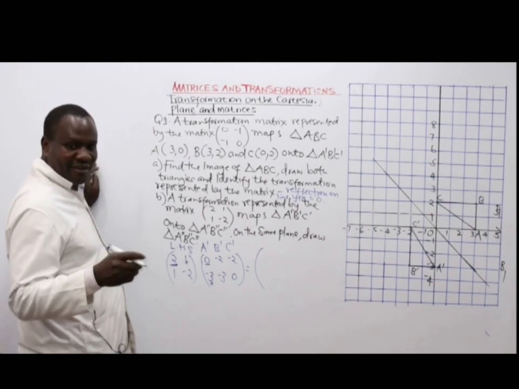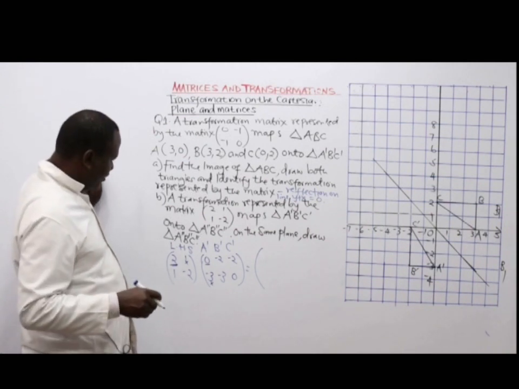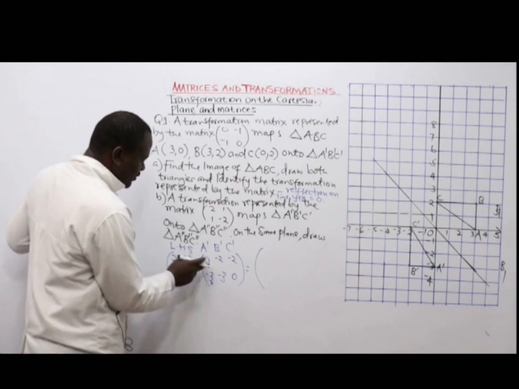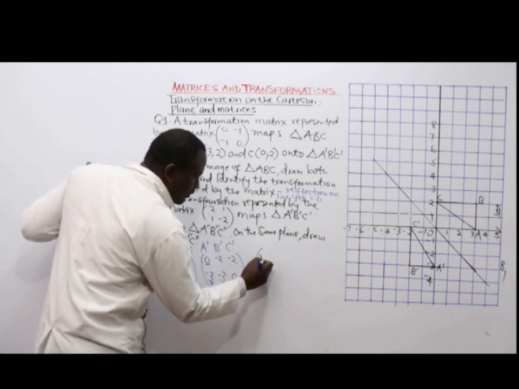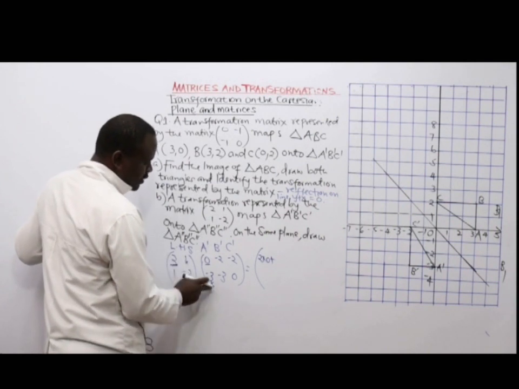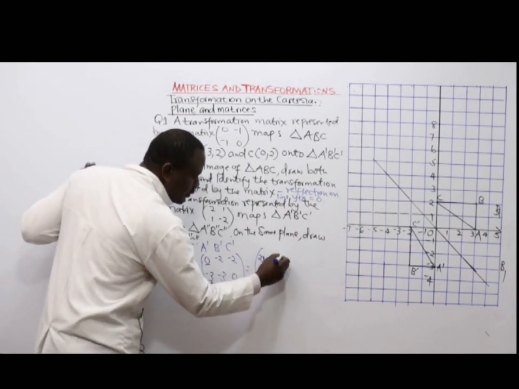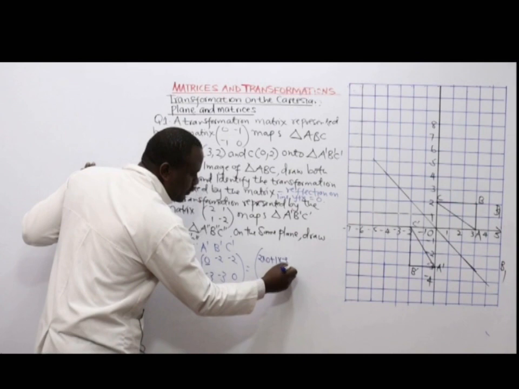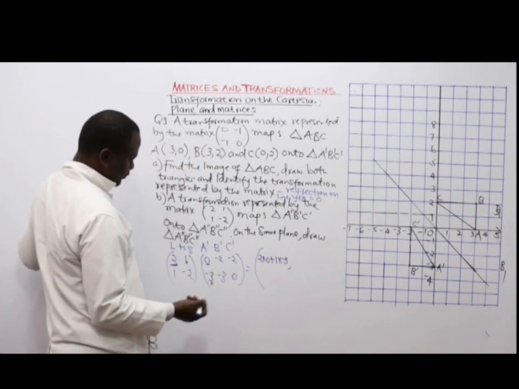Okay, you answered? Okay, now, so 2 times 0 plus 1 times negative 3. That gives you the first one.